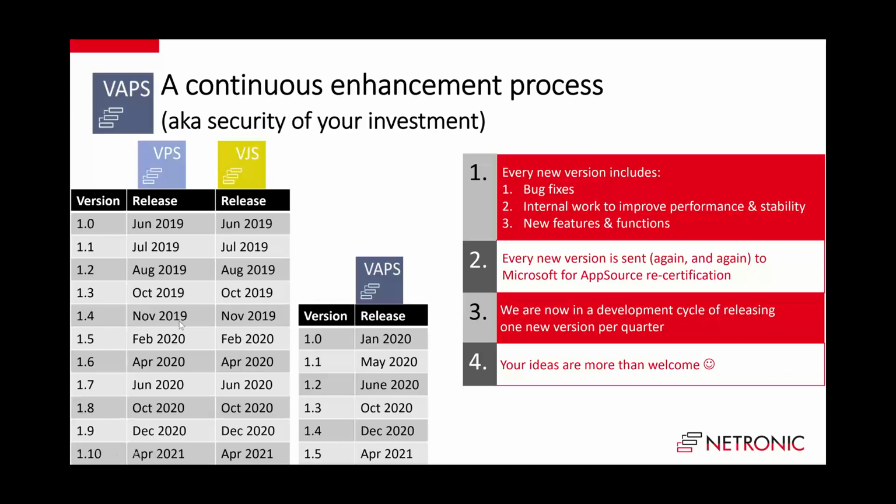Whenever we have a release, we go to Microsoft and get the AppSource certification again. And this cycle, we also changed our official release date. Now the release date is not when we send it to Microsoft for certification, but when the new version is available on AppSource again.